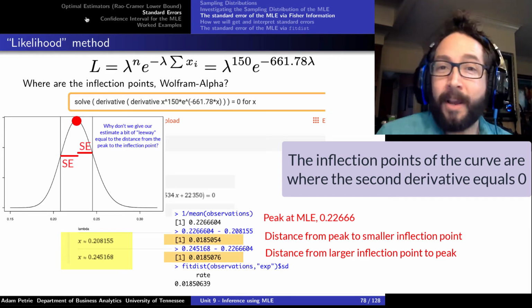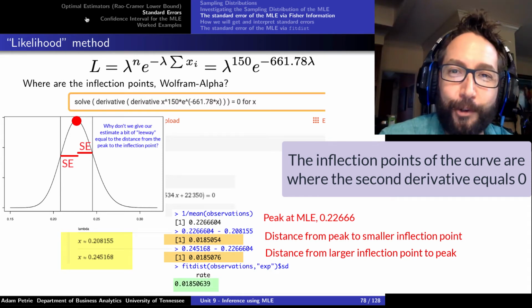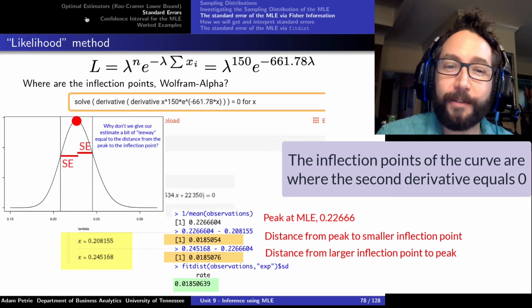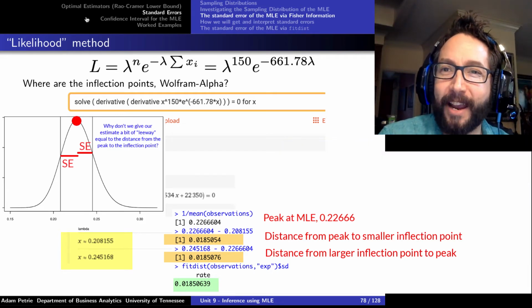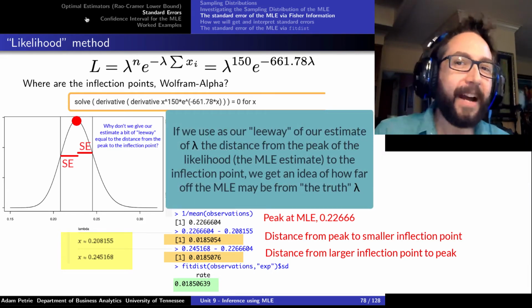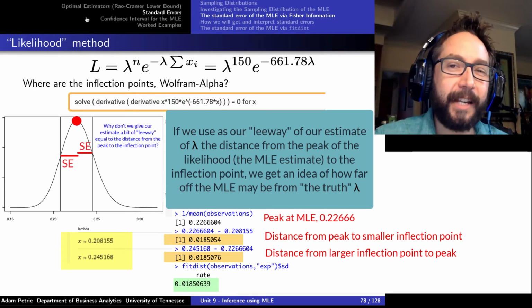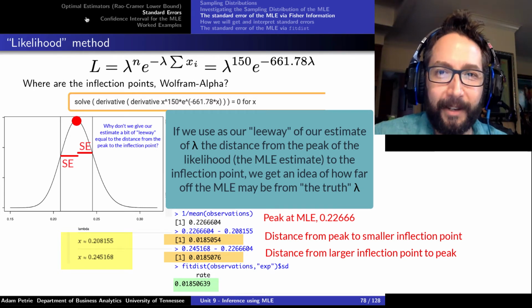And wouldn't you know, if you use the Fisher information expression, if you use fitdist, that's the exact same value you get out for the standard error. So this provides us another way of thinking about what the standard error of the estimate actually is.